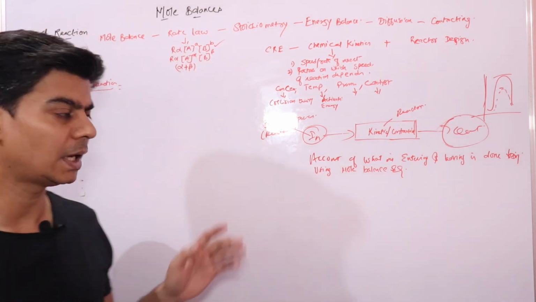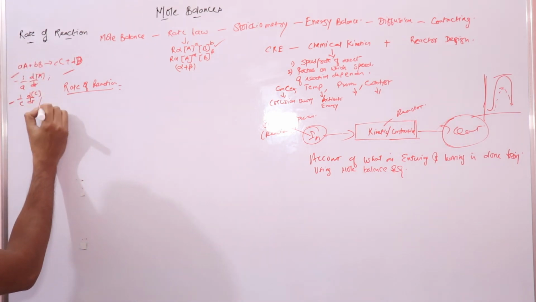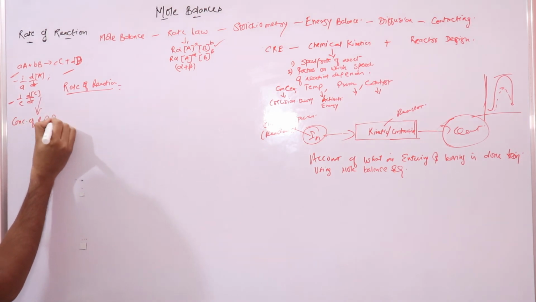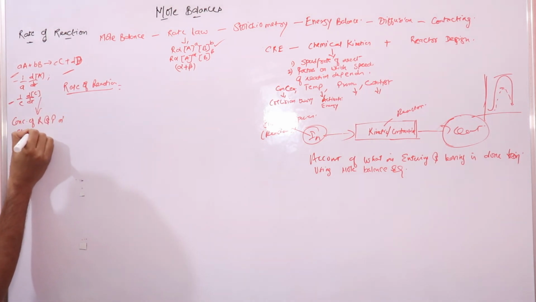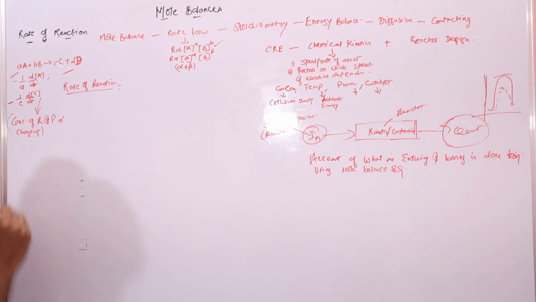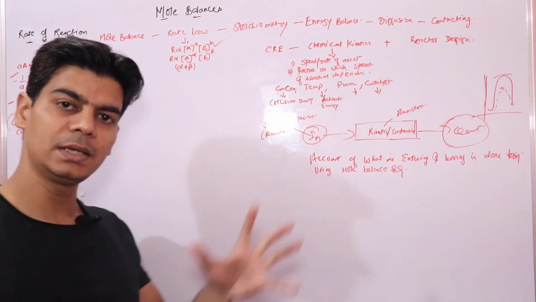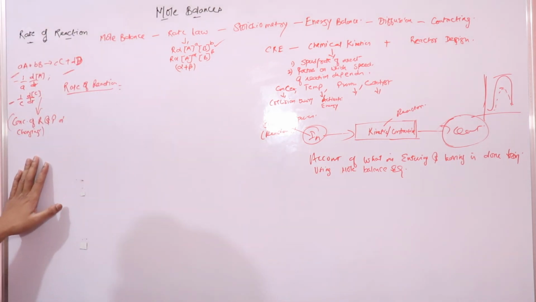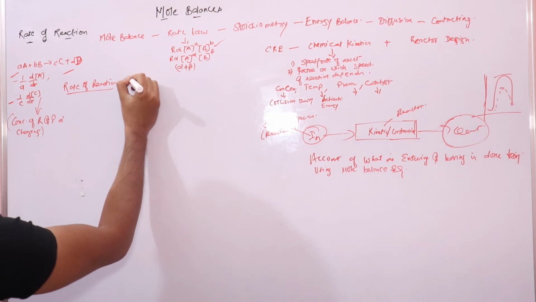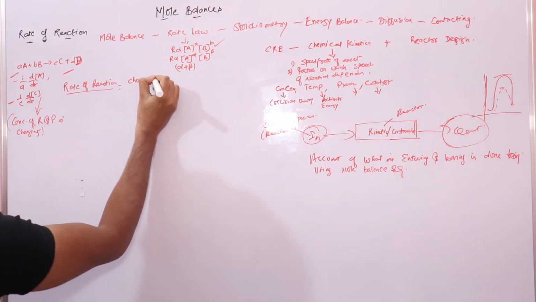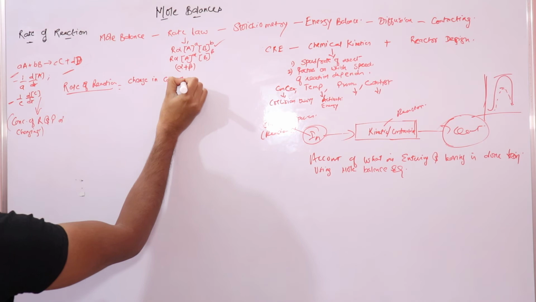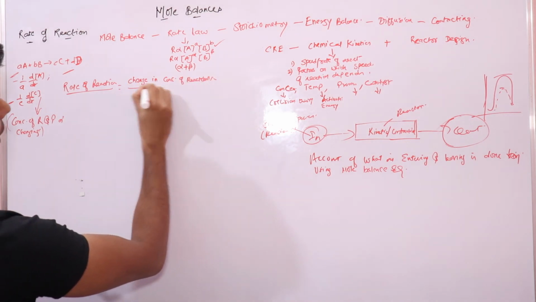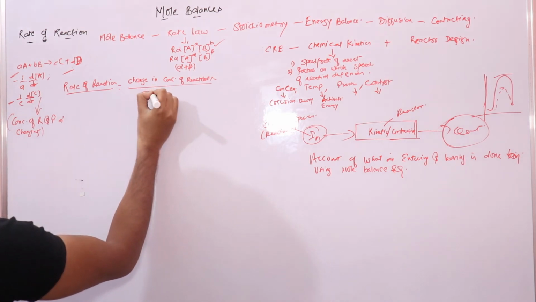Here in a chemical reaction, what is changing? Concentration of reactants and products is changing. Like in a vehicle where distance changes with time, here concentration is changing with time. So rate of reaction can be defined as change in concentration of reactants divided by time.